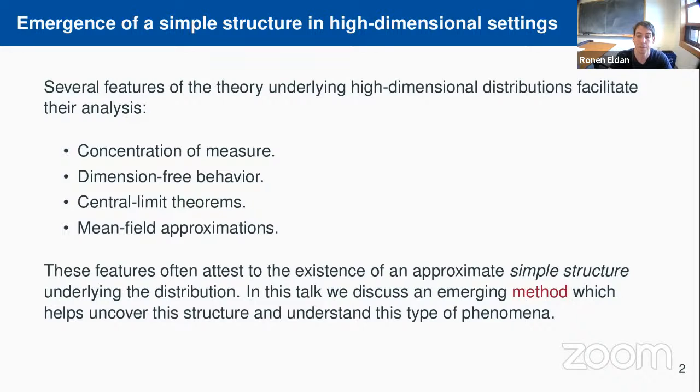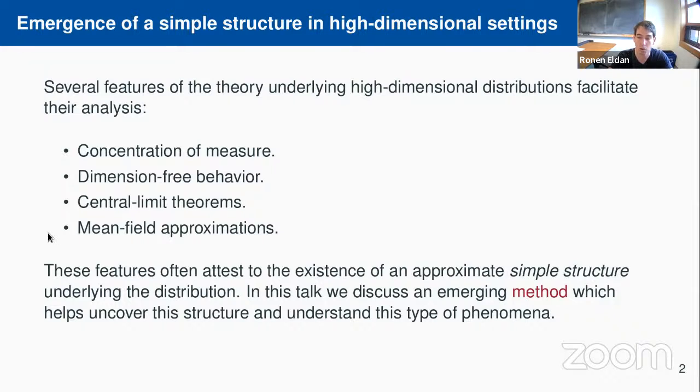And in many cases of interest, the high-dimensional object has an underlying simple structure that, when viewed correctly, basically compensates for the fact that it's high-dimensional. Some expressions of being well-behaved are in this list. And in this talk, we're going to get a glimpse into some of these features and how this works.